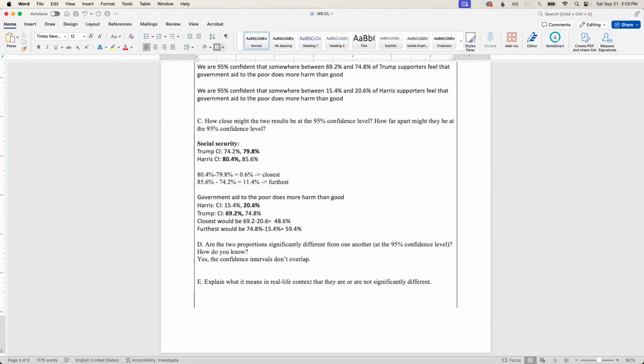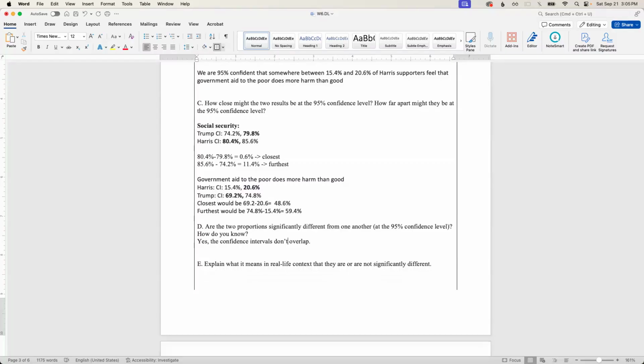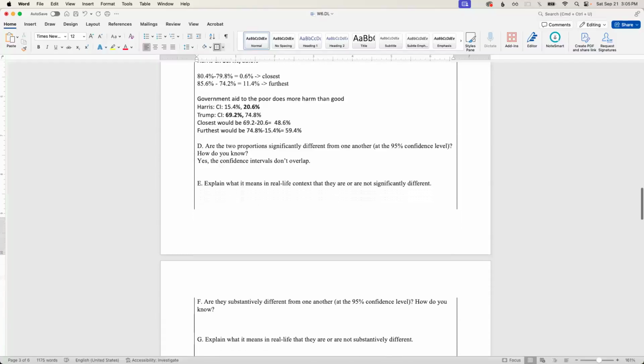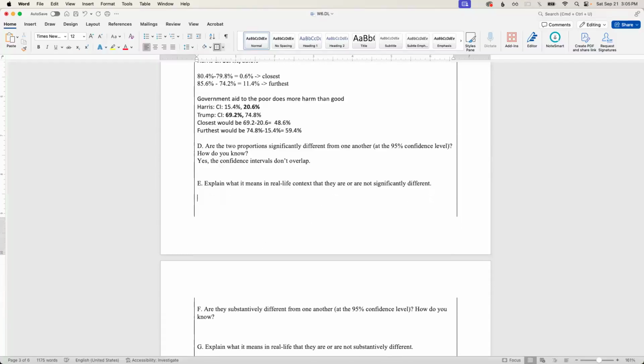Okay, when we're looking at the 95% confidence intervals, they're not overlapping. If they did overlap, then we'd say that they're not significantly different. We can't be confident at the 95% confidence level that they're different. What does it mean in real life context?